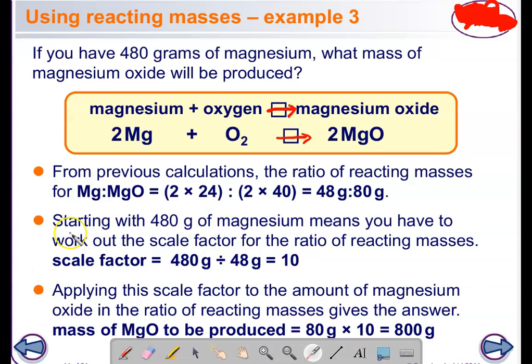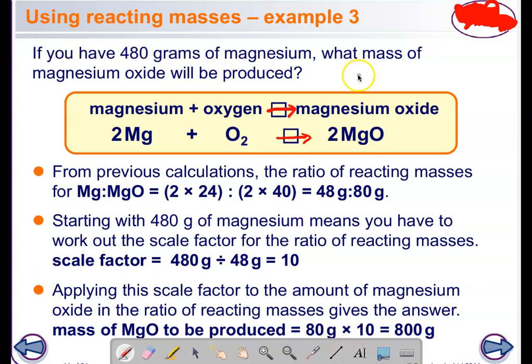Now, here we are using 480 grams of magnesium. So the scale factor will be 480 divided by 48, and that should give you 10. You use that to work out the ratio, and multiply that by the previous example to get 800.